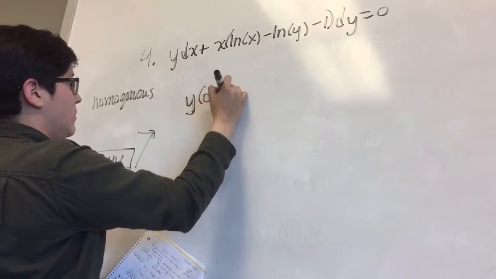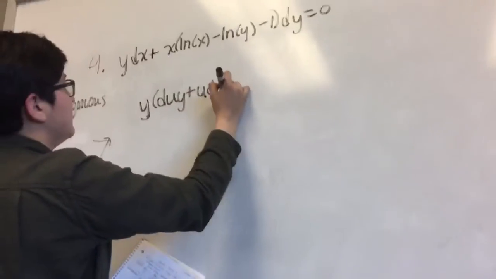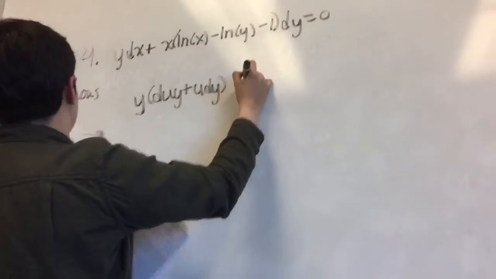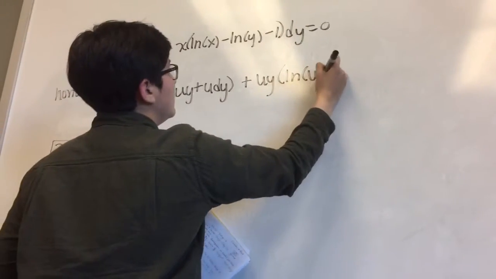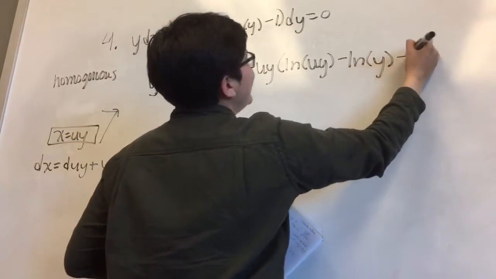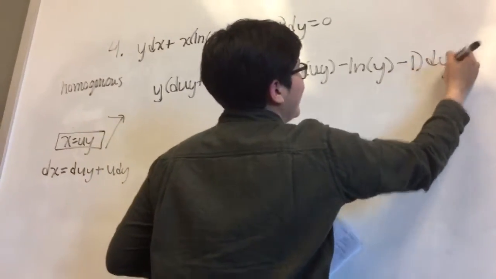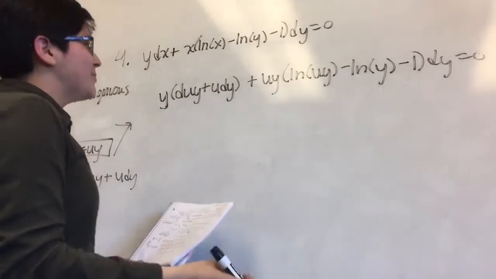So (du y plus u dy) plus uy (ln of uy minus ln of y minus 1) dy equals 0. Okay, that's long and super horrible, but let's see if we can simplify it a little bit.